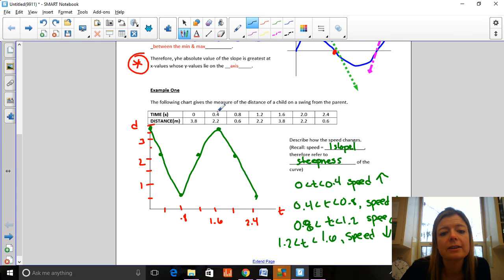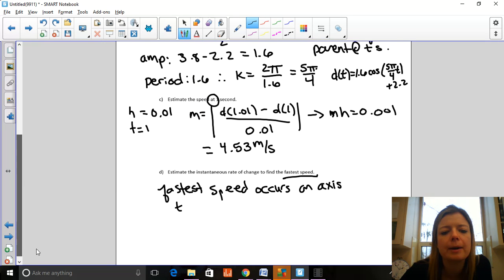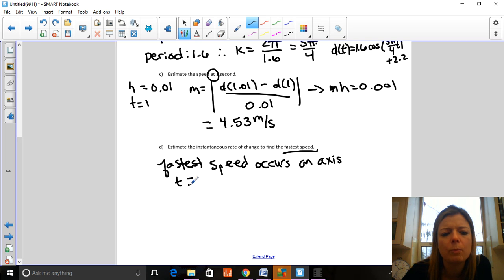So we can see that at the time of 0.4, the distance is on the axis. So this is actually asking what is the instantaneous rate of change at a time of 0.4 seconds, or any of the times when you're actually on the axis.